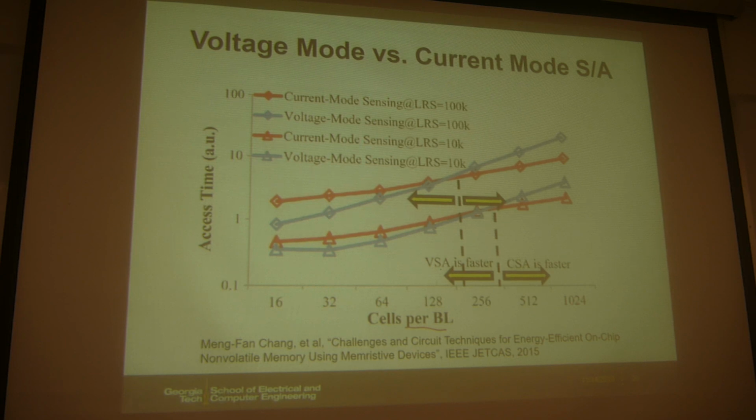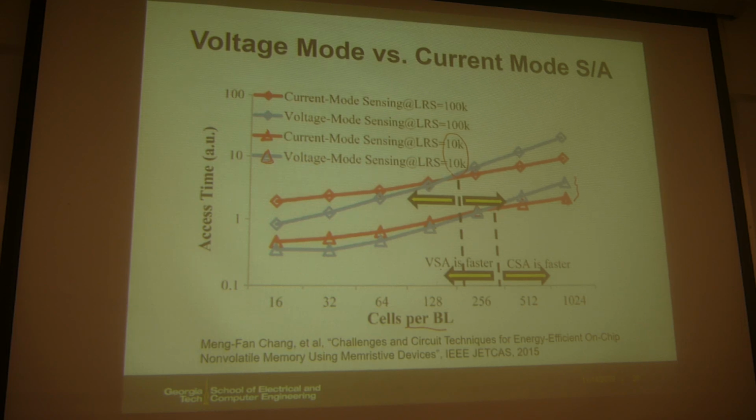So if the resistance is small here, for example 10 kilo ohm, which is this triangle symbol, you see those two curves here. Of course, with larger array size, the access time will increase. And you see that if the array is very large, then this red one, which is current mode, will be smaller in the access time.